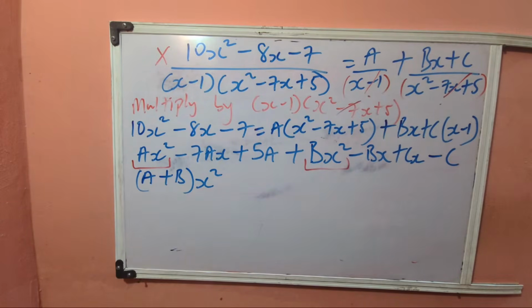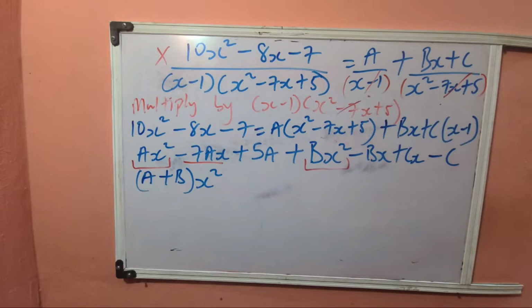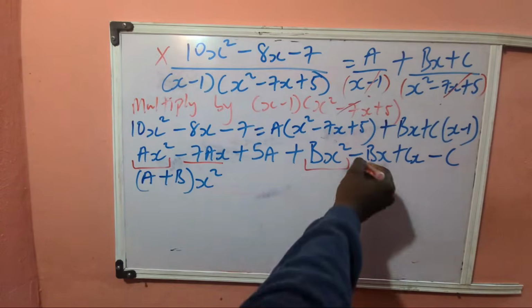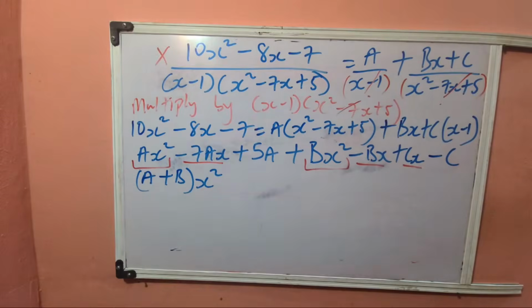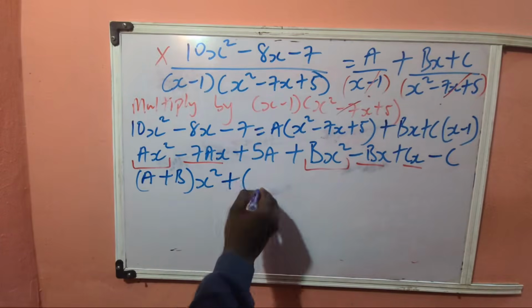I'm sure you guys can follow. There's no big deal in it at all. So let's try and see the other one where we have just x alone. We don't have x squared. So we can see minus 7ax here. I can see minus bx. I can see cx. So what I want to do is to just bring everything into one place. So let me write plus. Then I bring all of them into one place.